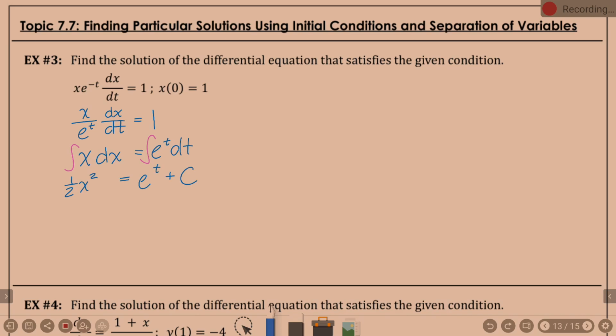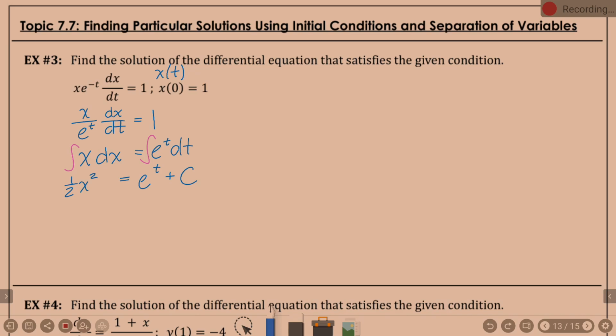Now, one thing I haven't talked about: we're used to x being our independent variable and y being the dependent variable. We're also used to doing things like f of x. Realize, since this is dx dt, and this is x of 0, this is the idea of x of t.